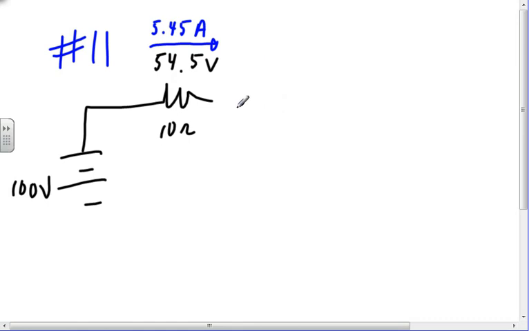Alright. So now I come down this way and I find 20 ohms. I find that the current going this way is 1.3 amps.